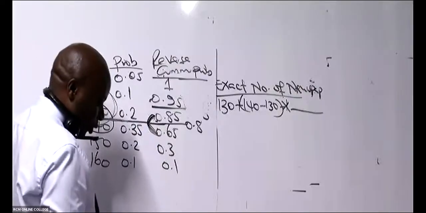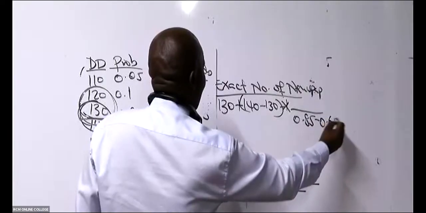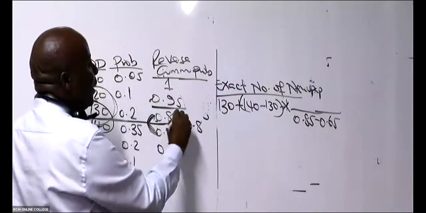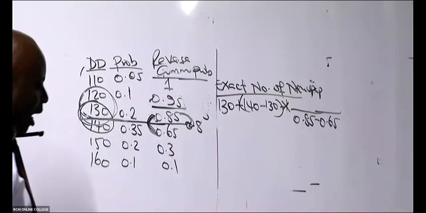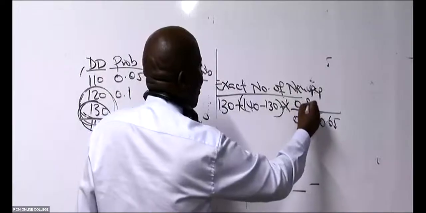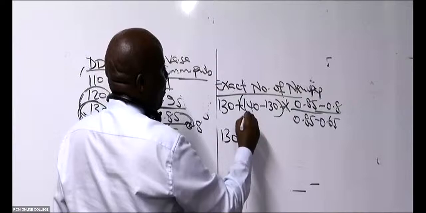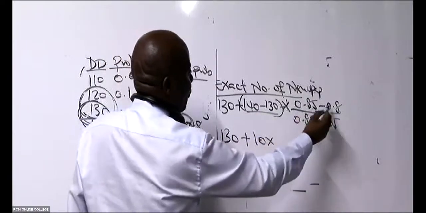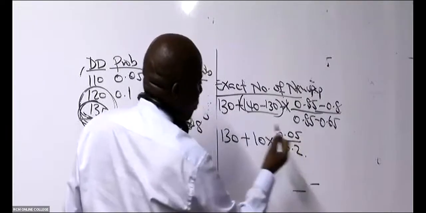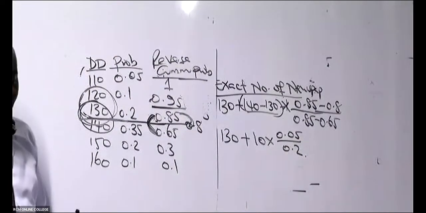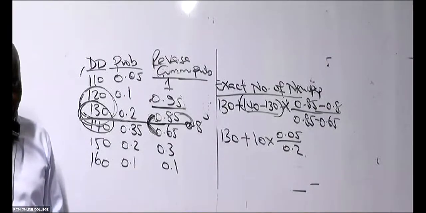So it will be 0.85 minus 0.65. How about the numerator? It is the upper arc. We don't cross the river. So I have 0.85 minus 0.8. So this will be 130 plus 10 times 0.05 over 0.2. Once you reach there, then you are at home.